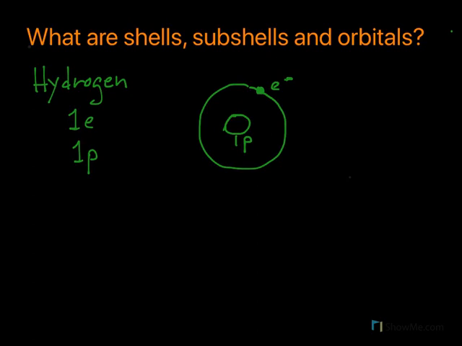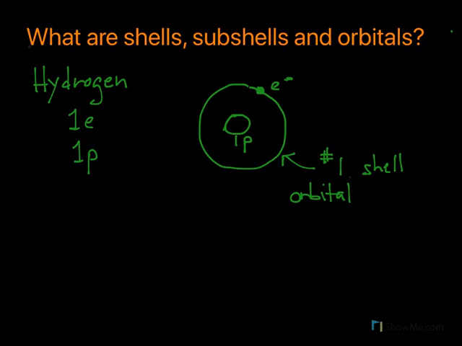Now, since it only has this one orbit around the nucleus, and it is the only one, we call this the first shell, or the number one shell. Again, it is also called an orbital.